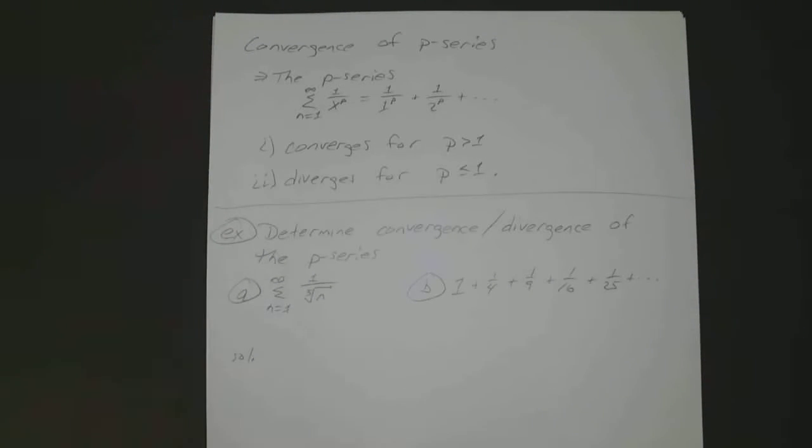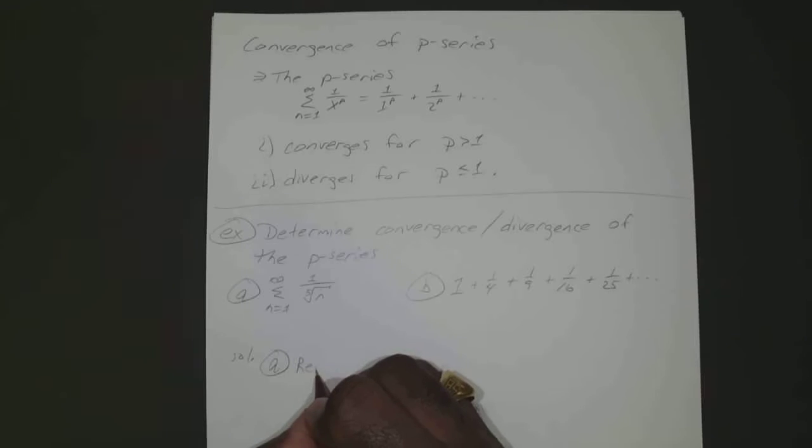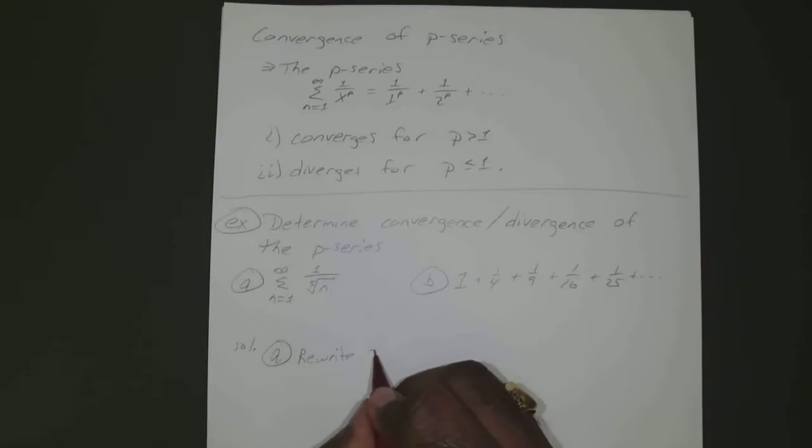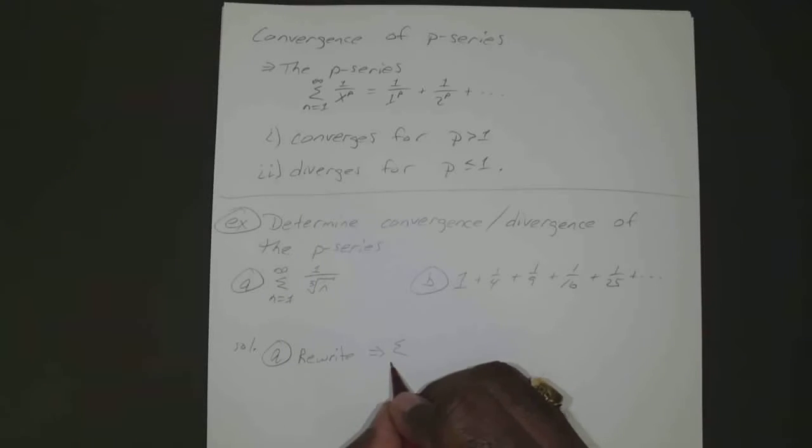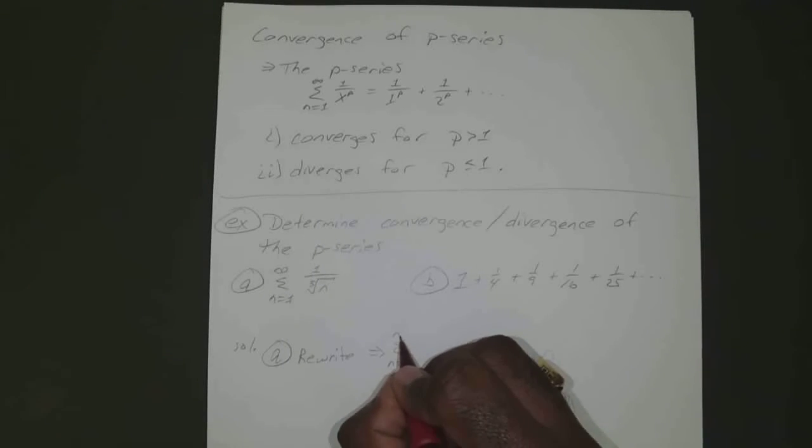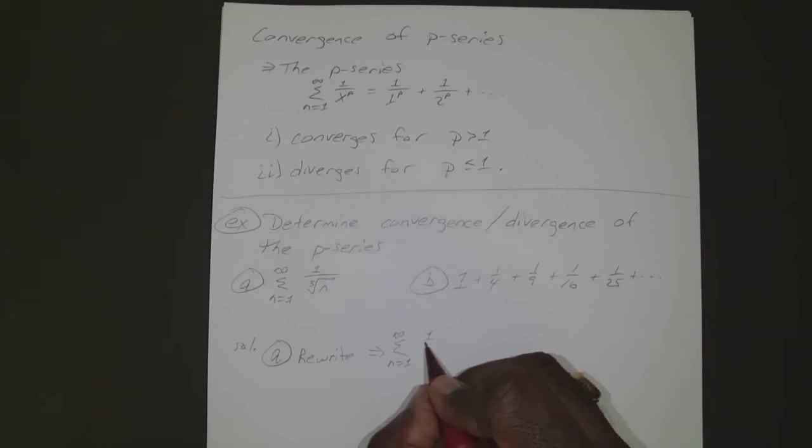Okay. Now for A, really all you'd have to do is rewrite your denominator. Okay, so you have the sum from n equals 1 to infinity of 1 over n to the 1/5 power.